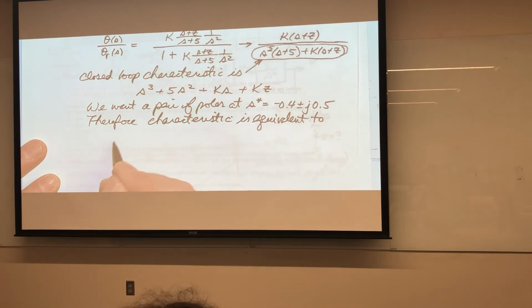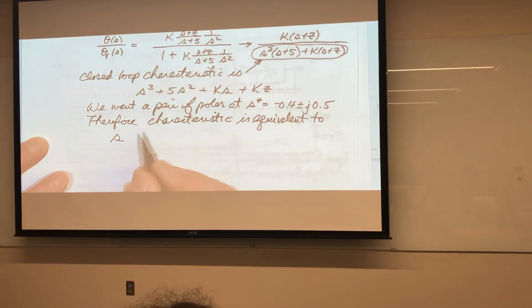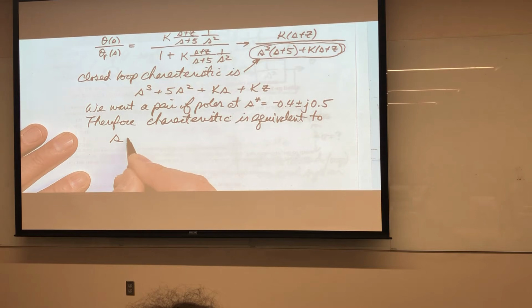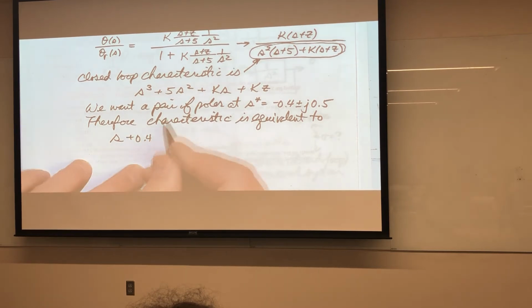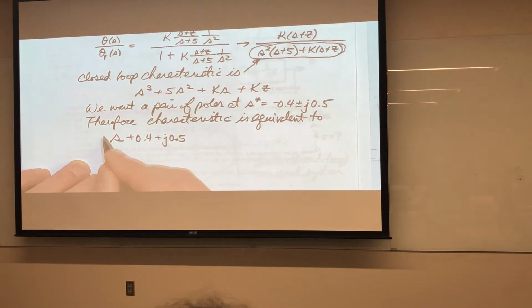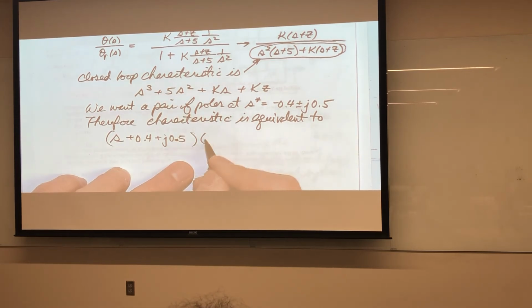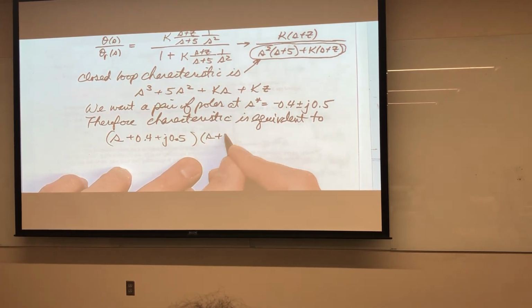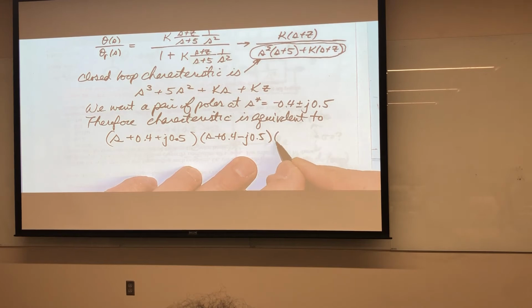It must have something like this. S plus 0.4 plus j 0.5. It must have s plus 0.4 minus j 0.5. And it must have s plus some number that we don't know.